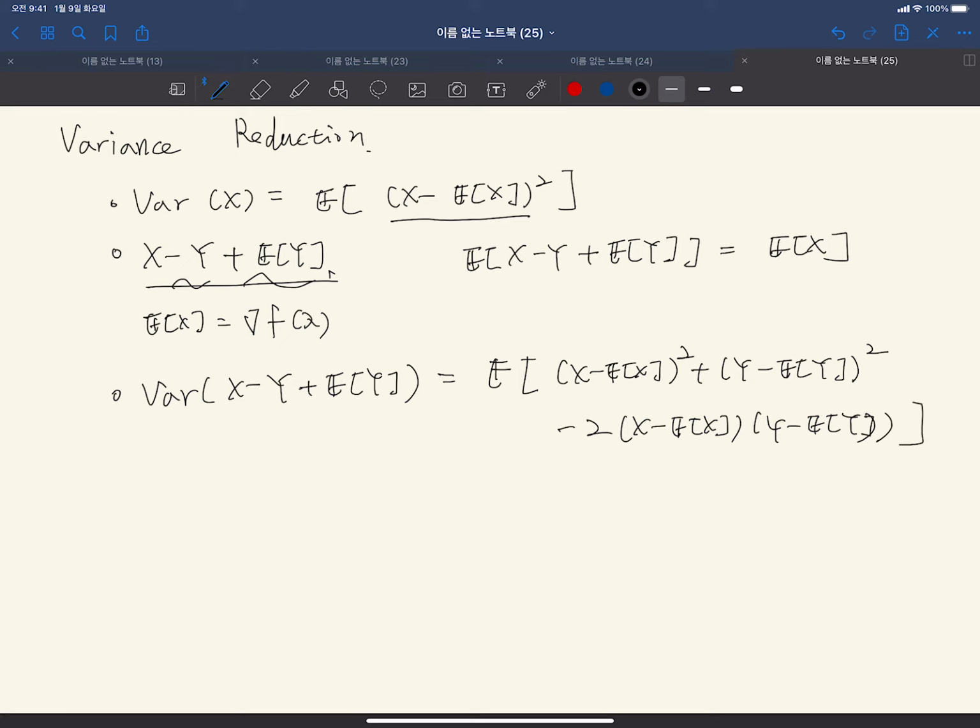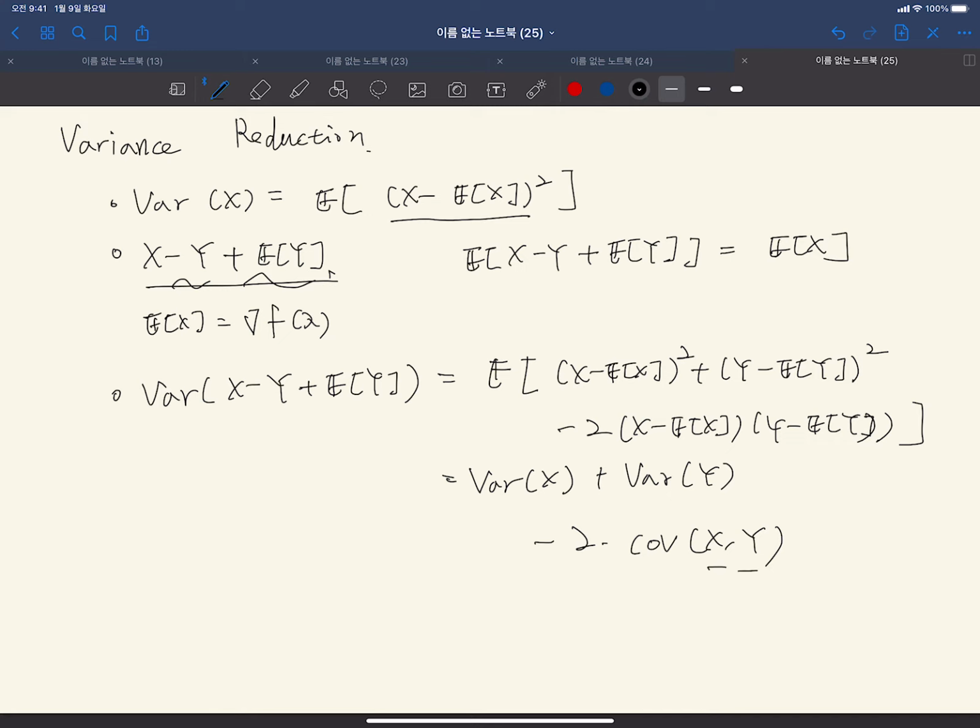Okay, so this is equal to variance of X plus variance of Y minus 2 times the covariance between X and Y.